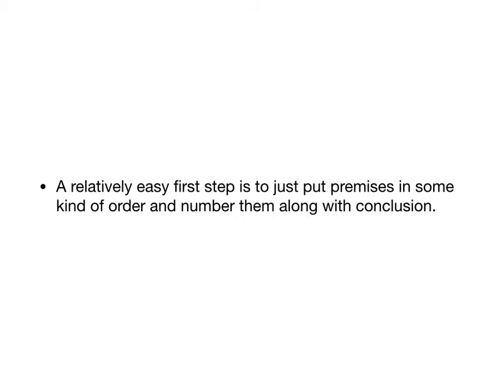But a relatively easy first step, and also a first step you're going to want to take even if you're applying more advanced techniques, is just to figure out what you think are the premises and what you think the conclusion is, and to put them in an ordered list with the premises in some sensible order and the conclusion at the very end. 1, 2, 3, 4, 5, 6, 7, however many premises you think there are, then the conclusion at the very end.